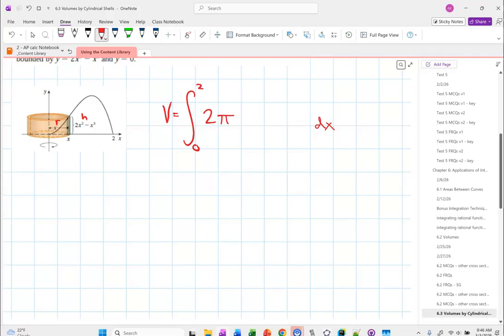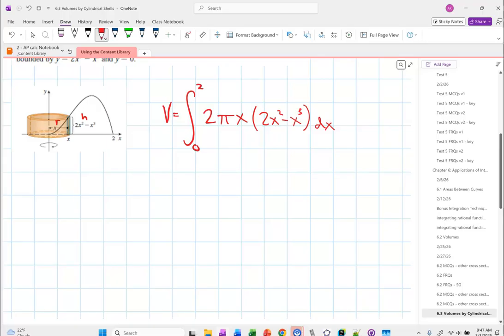Now the base of the rectangular prism that we're getting when we take the cylindrical shell is 2 pi r, and our r in this case is just x, times the height of our rectangular prism, which in terms of x is 2x squared minus x cubed. And we're done with this.